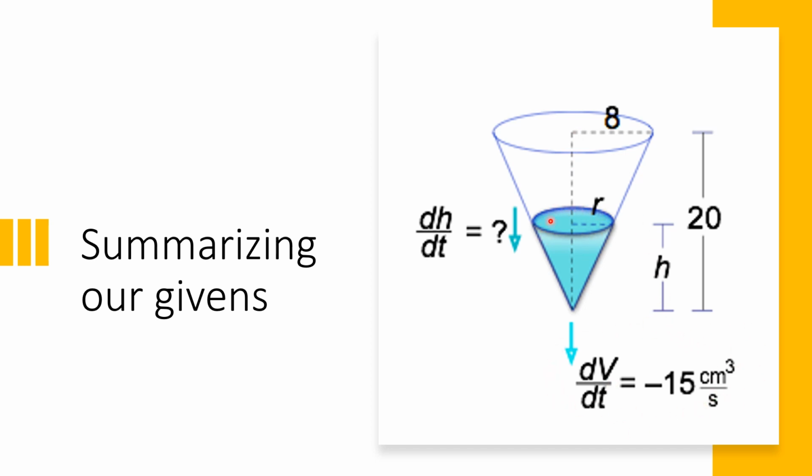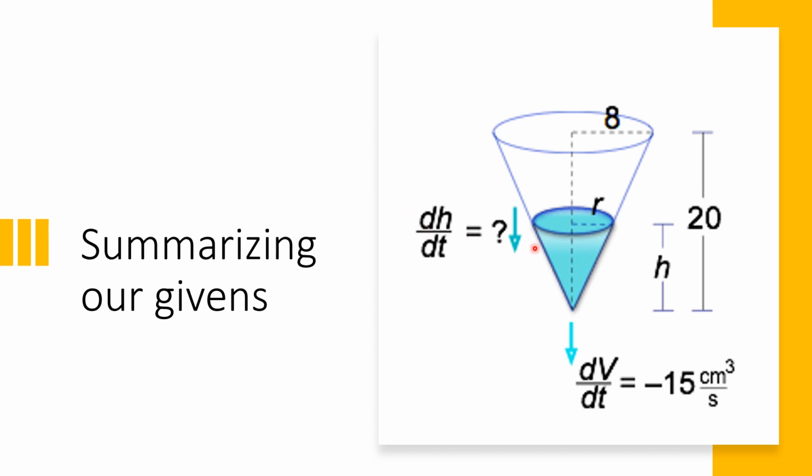While when we get down here, there's less water that needs to go out of the cone for the height to reduce. So at this point, the height would be dropping faster than originally. By the time I get to the bottom, the height will be dropping even faster because there's even less water volume left in the cone to leave to cause the height to drop.